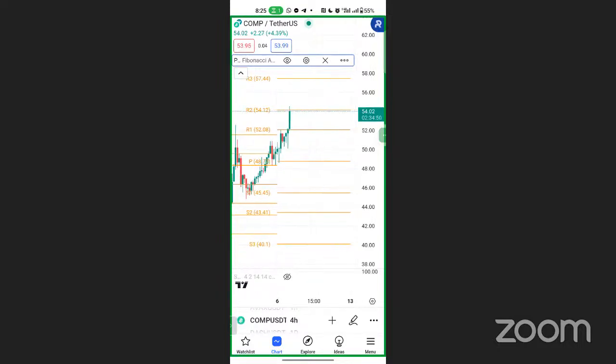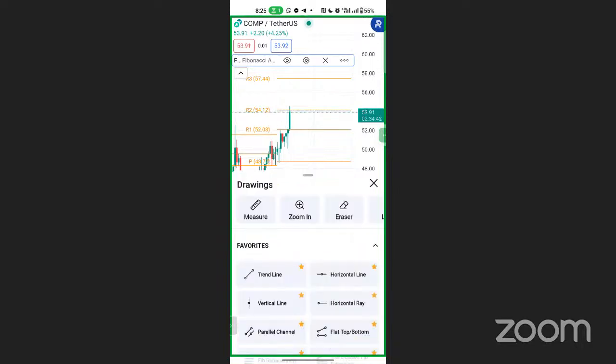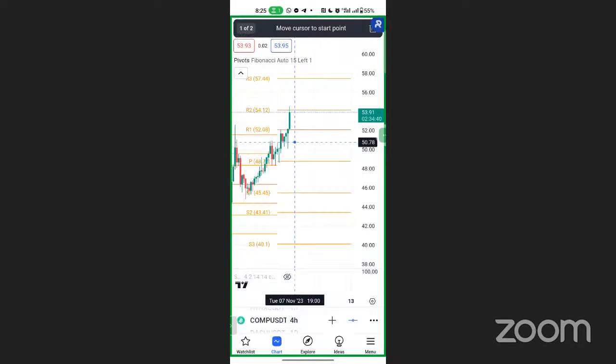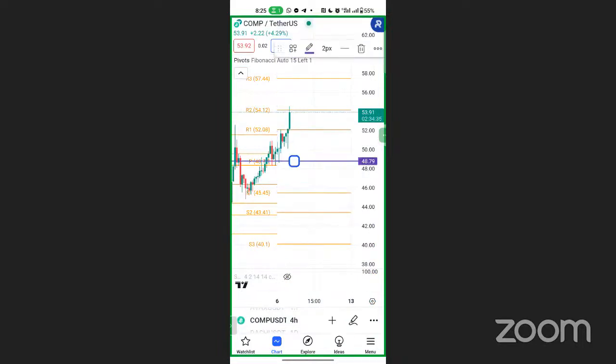So first and foremost, we shall look for the current pivot point. And so we shall come and draw our horizontal line at this pivot point. And because it is the center of everything, we shall give it the red color for identification.